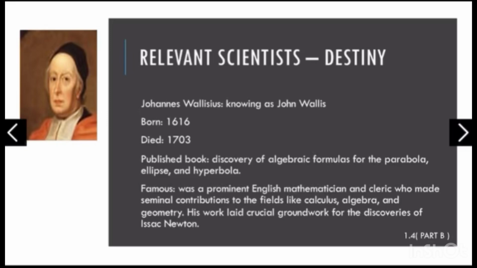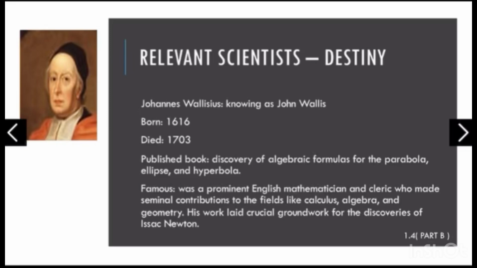So, John Wallis, known as John Wallis, was born in 1616 and died in 1703. The book that he published was Discovery of Algebraic Formulas for the Parabola, Ellipse, and Hyperbola.